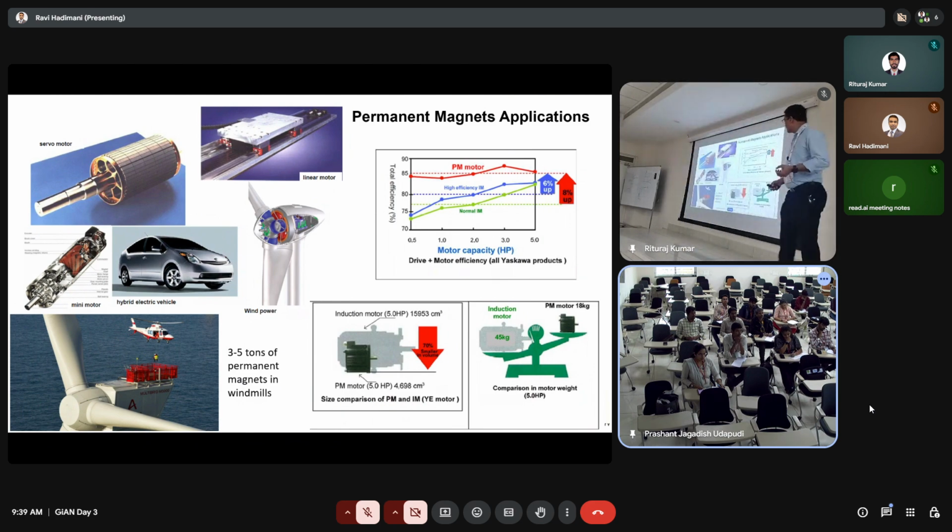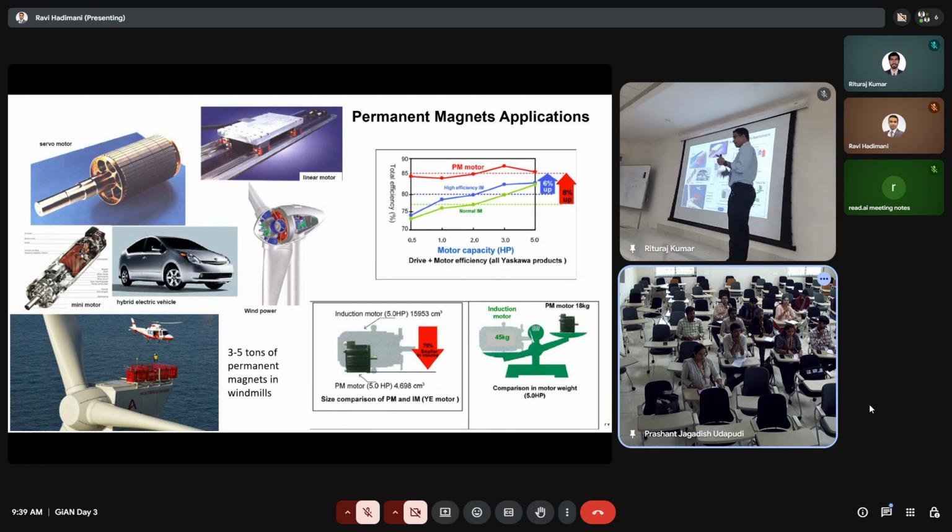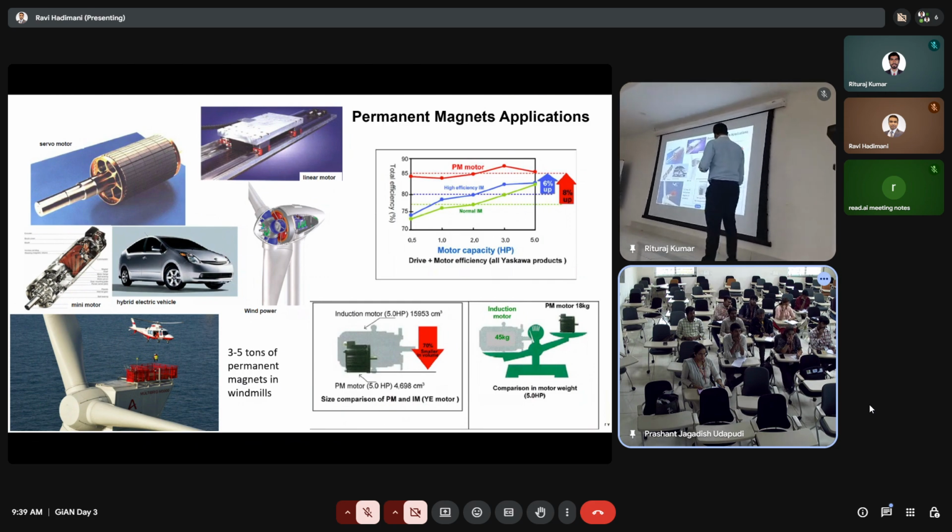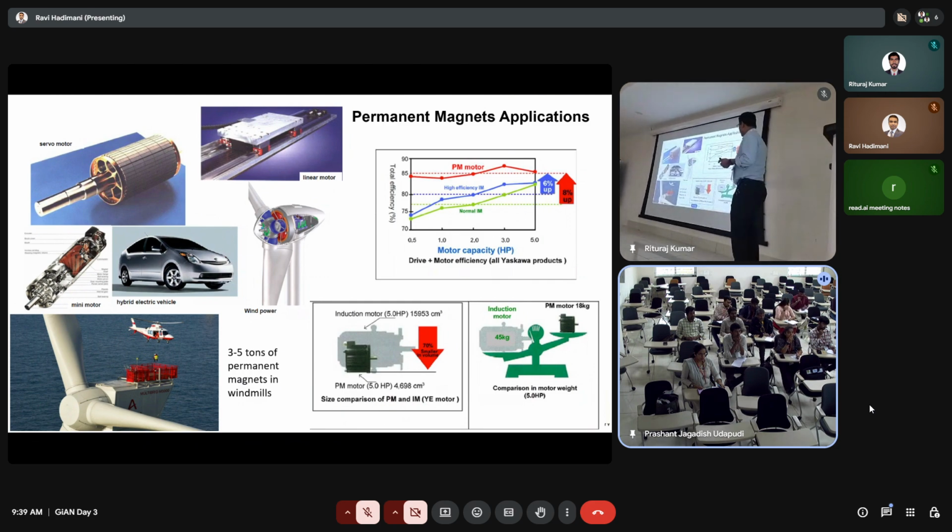Okay, anyway, so this class is about applications, how magnetic materials are used in day-to-day applications. We saw the electric car, how it uses a permanent magnet motor or a hybrid induction and permanent magnet motor. You can see here how permanent magnet motors are more compact than induction motors.